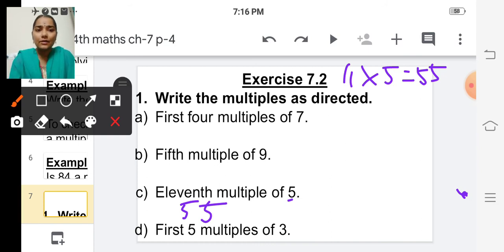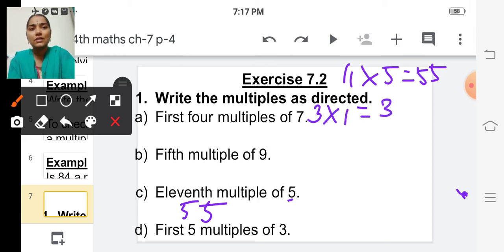First 5 multiples of 3. So first 5 multiples, not fifth multiple, first 5 multiples. So what we have to do? We have to multiply 3 with 1, 2, 3, 4 and 5. Okay. So 3 into 1, 3 ones are 3.